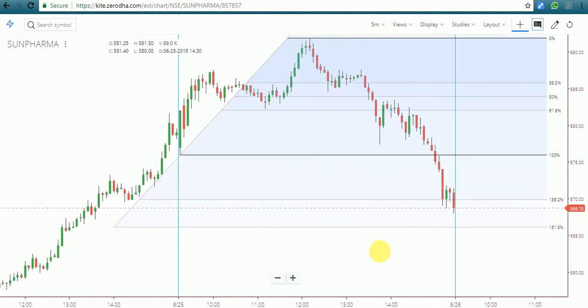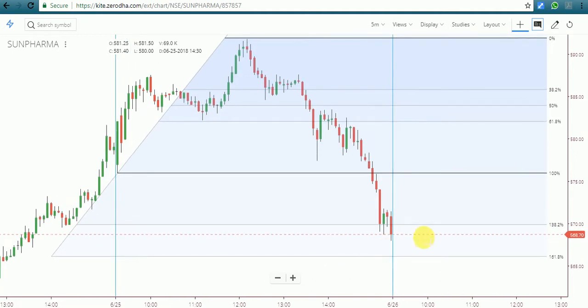If you see here, try to understand only the continuation, rejection and candlesticks based on the Fibonacci level. Don't think of too many technical formulas, don't apply anything, just understand simple things.